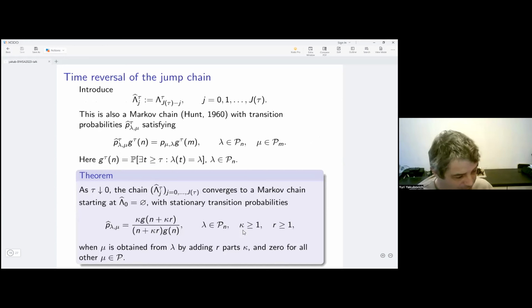But initially we were interested in a growing partition, and here I just told you about a melting partition, so it becomes smaller and smaller.